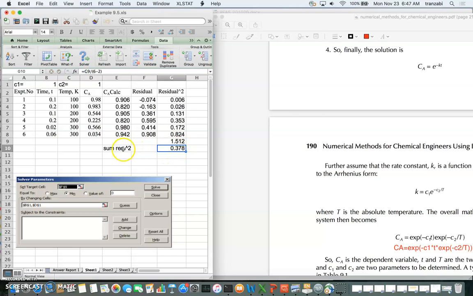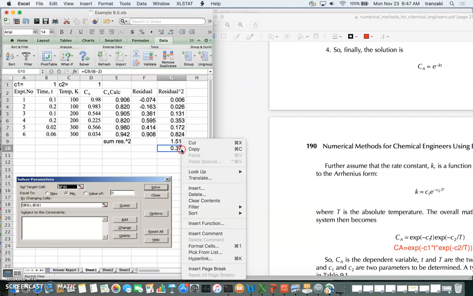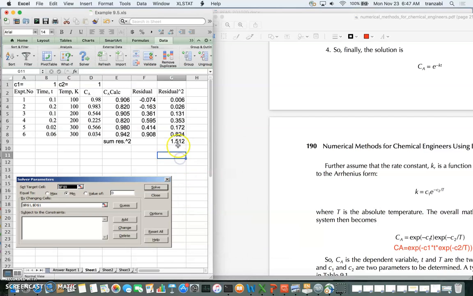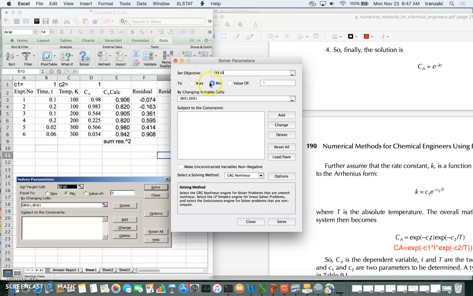So I'm going to move this to here, and we don't need this anymore, so let me clear the content. Okay, so we're going to minimize G9 in fact. Let's go to Solver. Minimize cell. So it's going to be this cell, and the variables are this one and that one. I think everything is fine. They can be negative, and I'm going to solve it.